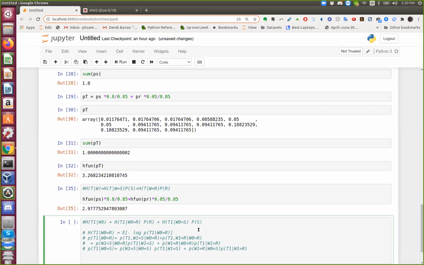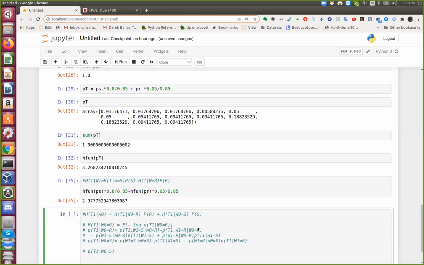So let's use what we have earlier. We have this PR, PS already. So let me compute maybe this one first. This one will be P(T1 | W1 = Sunny), where I have this definition PS earlier.